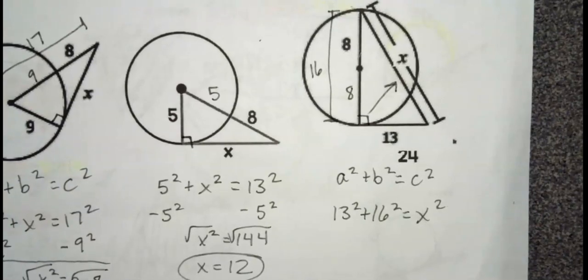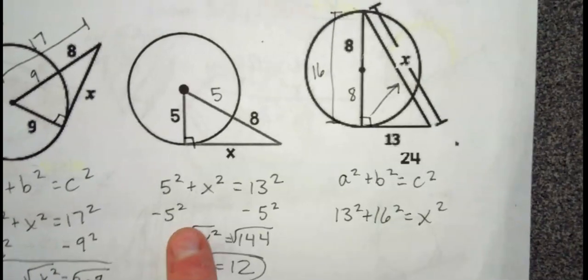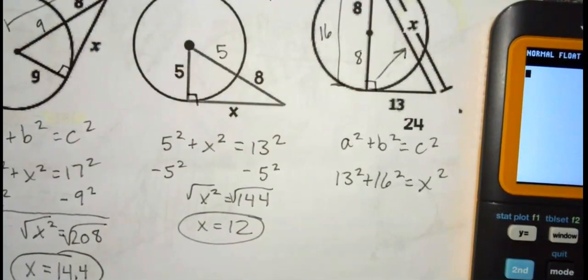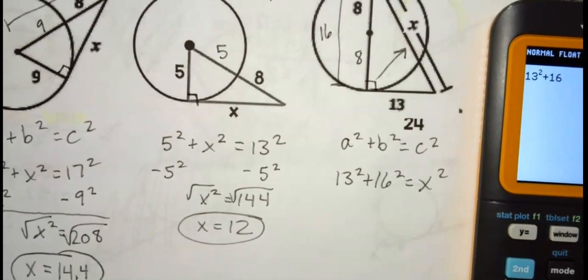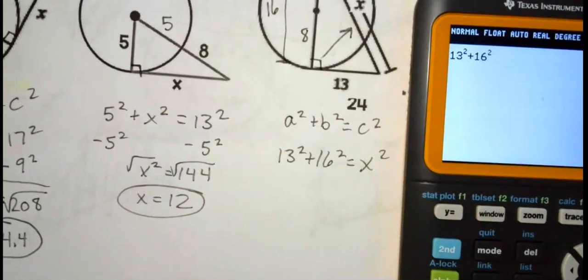Okay, and then for this one, I cannot tell you how many times people look at this and want to do 13 squared minus 16, or 16 squared minus 13 squared because of the last two problems. This one's different. This is why we write this out. We don't just look at it and try to guess, but it's easy to see. It's on the same side of the equation here.